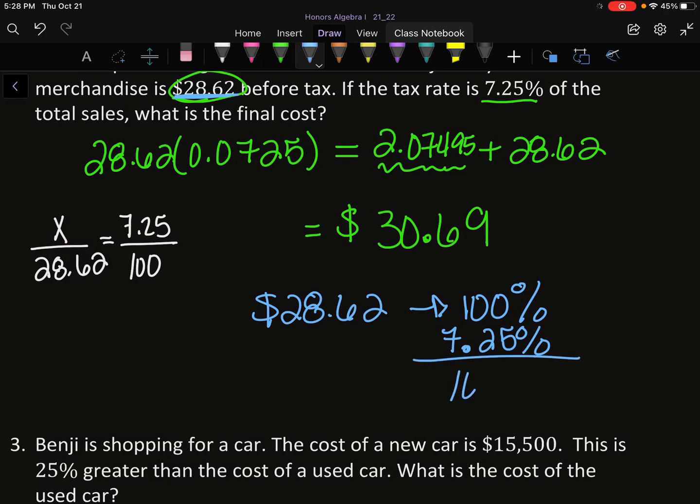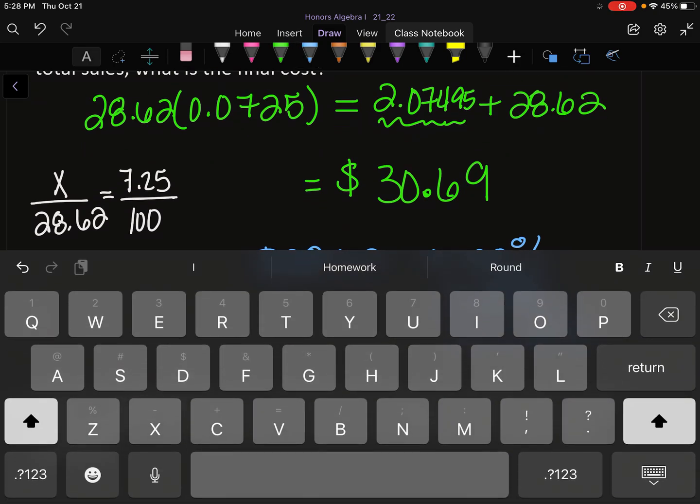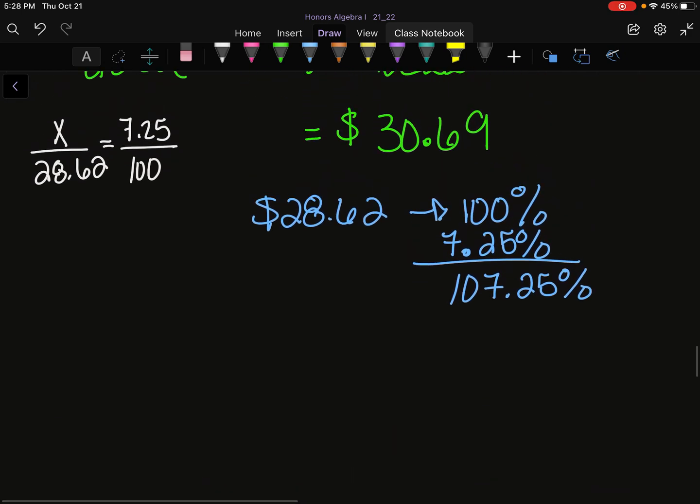Well, what is that as a decimal? That is 1.0725. I'm going to be honest with you, I normally don't show that.